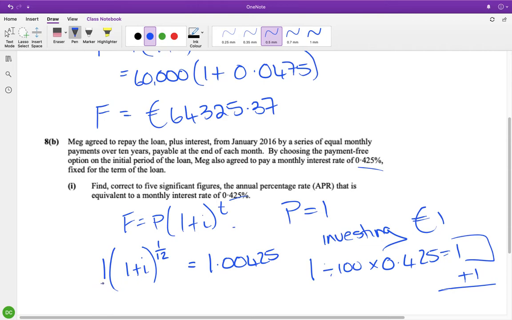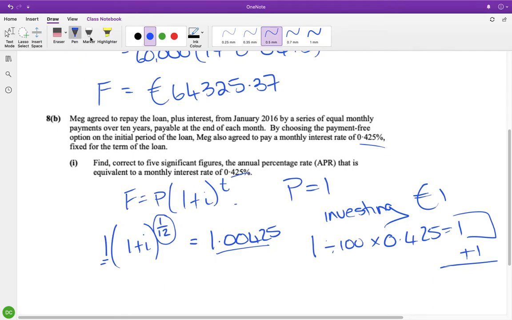So if you invest your €1 for 1 month, which is 1/12 of a year, you will end up with this much money. Yeah? And basically, what we're trying to figure out is what's I. The 1 you can just forget about, divide by 1, it won't impact anything. And it never does, which is the reason why we choose it in the first place.